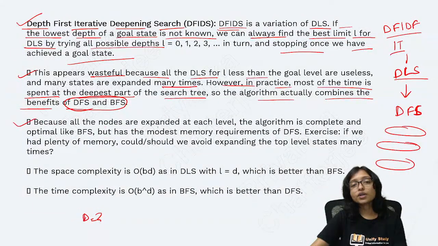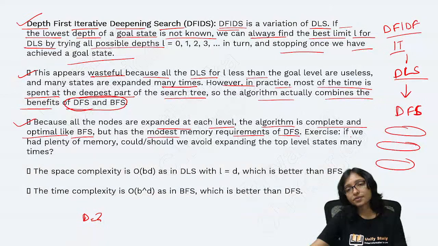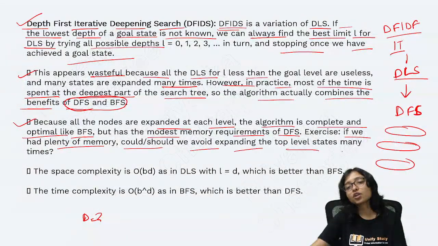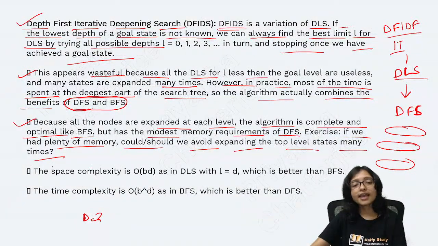All nodes are expanded in each level, so the algorithm is complete and optimal like BFS, but with the modest memory requirement of DFS. Exercise: if we had plenty of memory, could we avoid expanding the top levels many times? Can we do it? Yes.